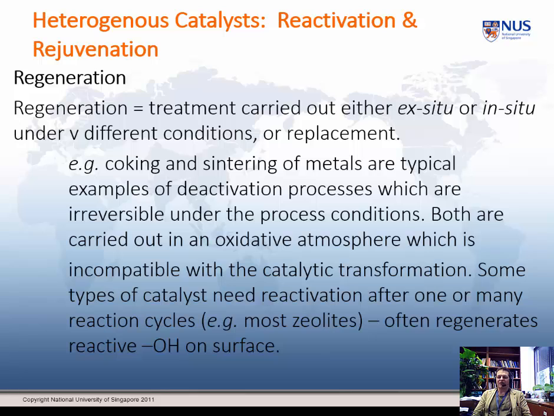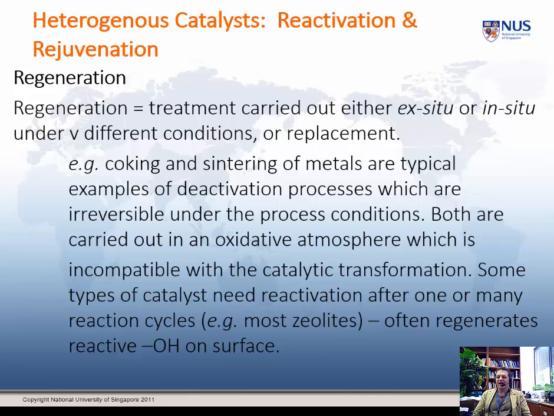So both are carried out in an oxidative atmosphere, which is obviously entirely incompatible with the catalytic transformations that you're going to be doing in a refinery. So these types of catalysts need reactivation after one or many reaction cycles.